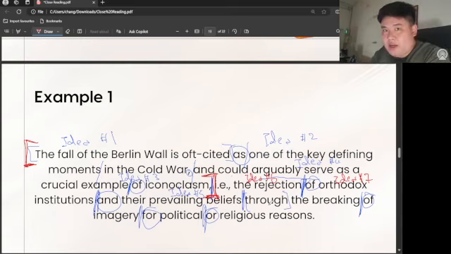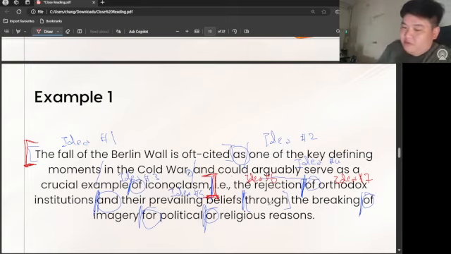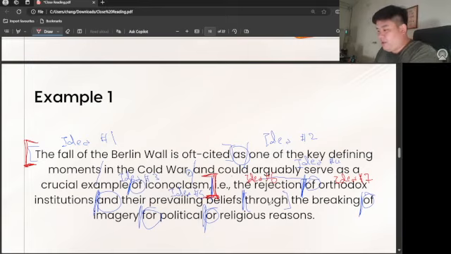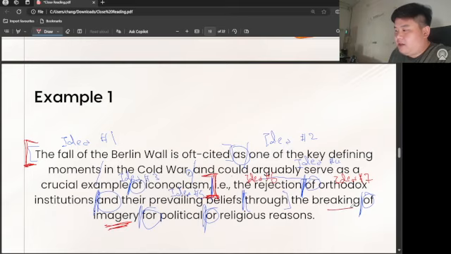Rejection of what? So iconoclasm refers to the rejection of traditional institutions and their belief systems, their values, their culture, whatever. So traditional systems and their beliefs by breaking imagery. Just to make it absolutely clear, it's a very literal thing. So iconoclasm essentially means breaking certain images or certain iconography.